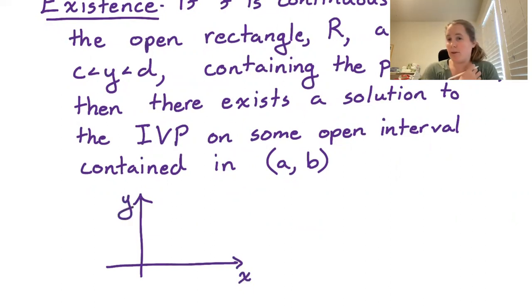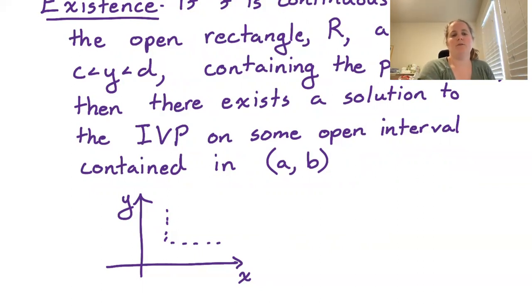Because f is a function of both x and y, it only makes sense to talk about continuity on a two-dimensional region. So let's say here's our two-dimensional region. So we're going from A to B in x coordinates and from C to D in y coordinates. And then x naught, y naught is somewhere in the middle.